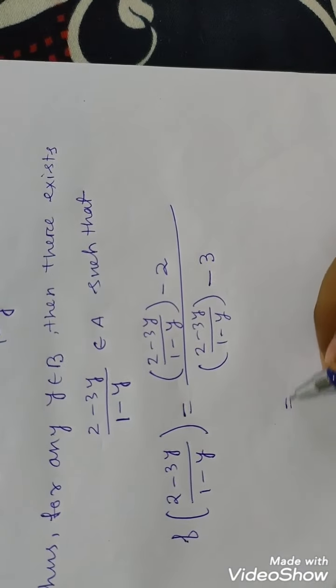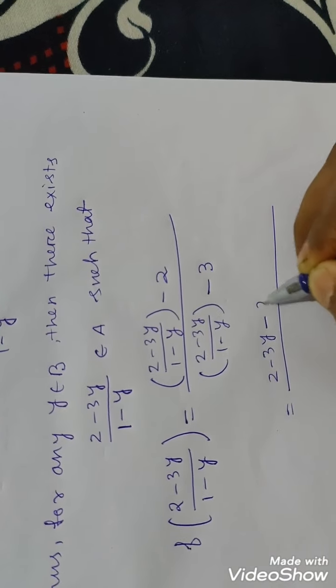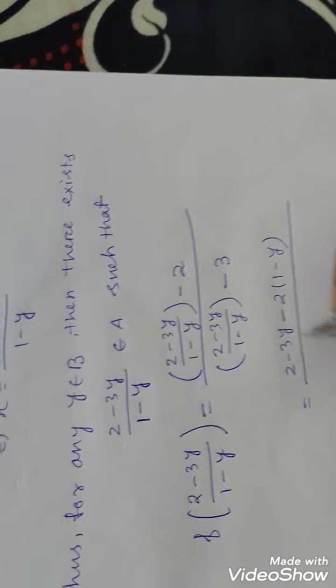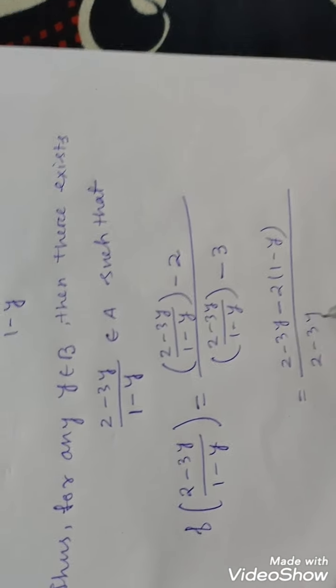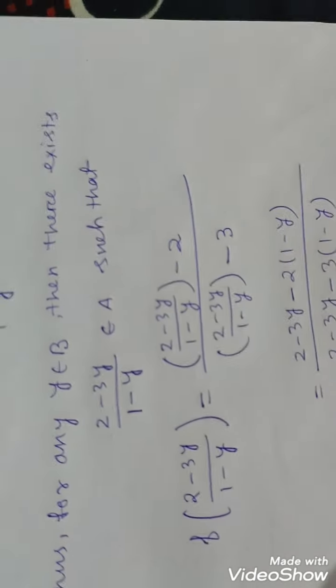From here you get 2 minus 3y minus 2 into 1 minus y, and 2 minus 3y minus 3 into 1 minus y, and the denominators cancel.